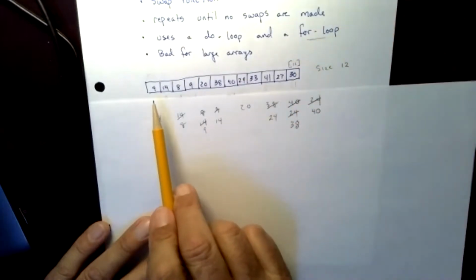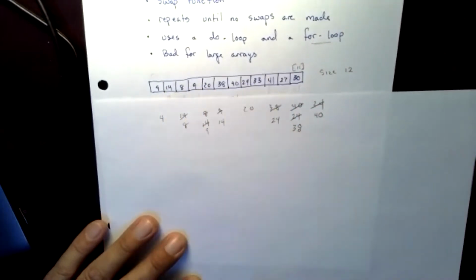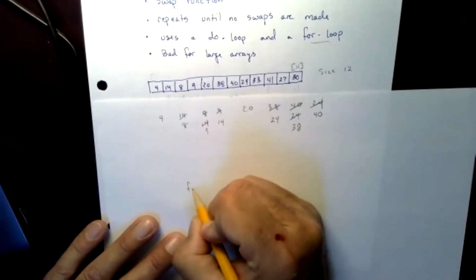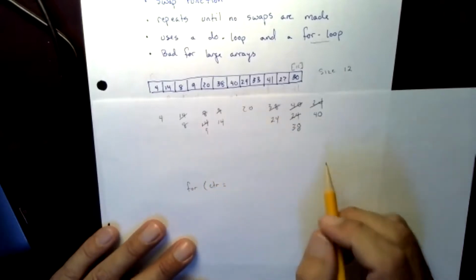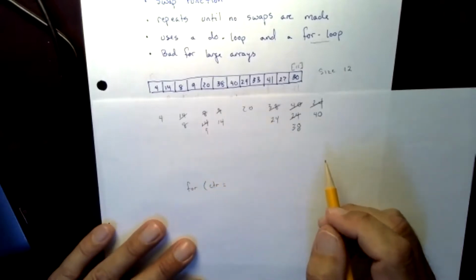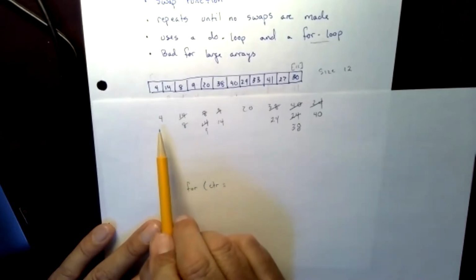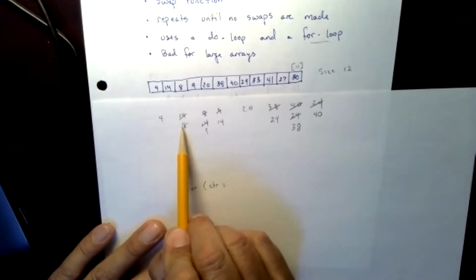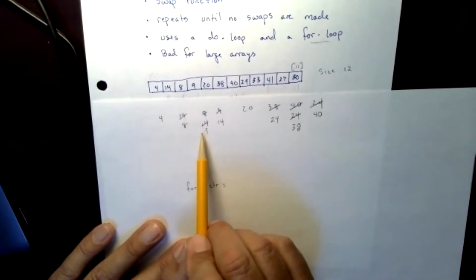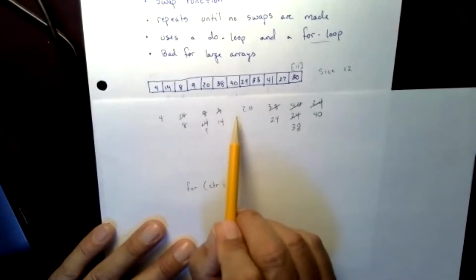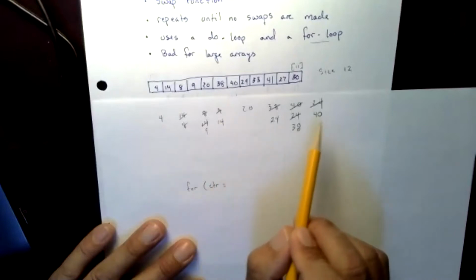So give me a for loop to do this. Where would I like to start it? Because I'm going to start it and compare the 0 to 1. Then the next time through, I'm going to compare 1 to 2, then 2 to 3, then 3 to 4, 4 to 5, 5 to 6, 6 to 7.